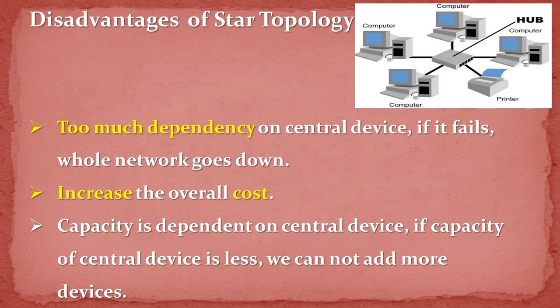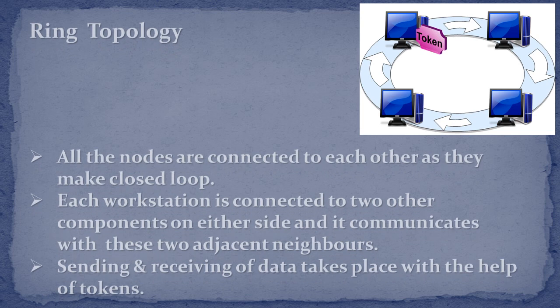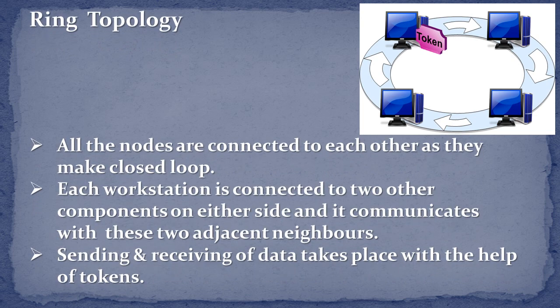Next, we will talk about ring topology. In ring topology, all the nodes are connected to each other in a closed loop, as you can see in this diagram. Each workstation is connected to other components on either side, and it communicates with these two adjacent neighbors.